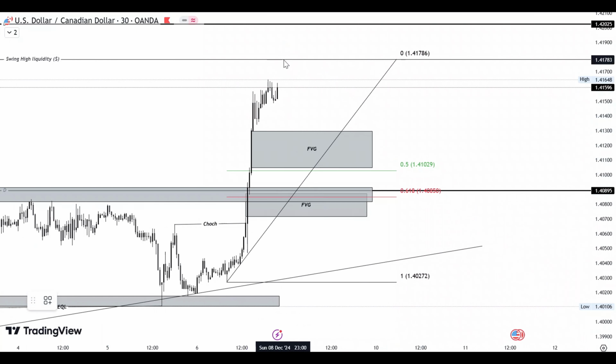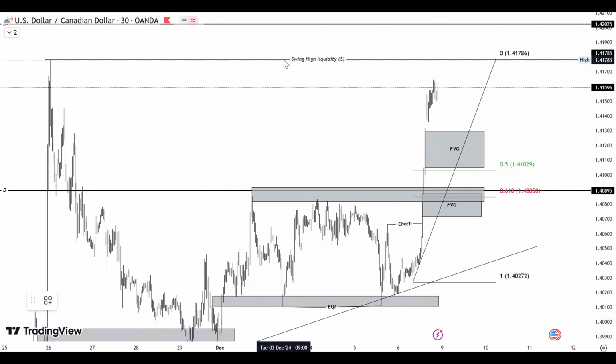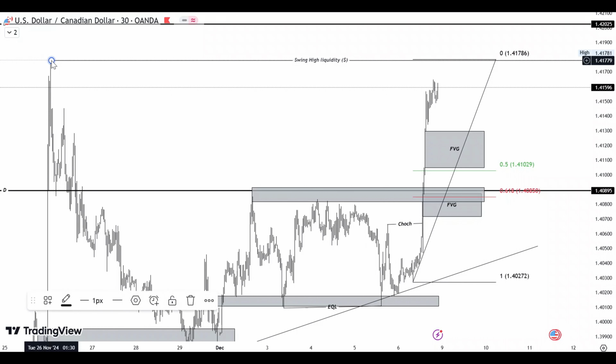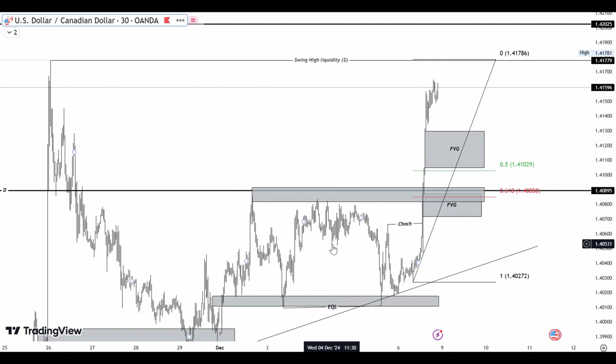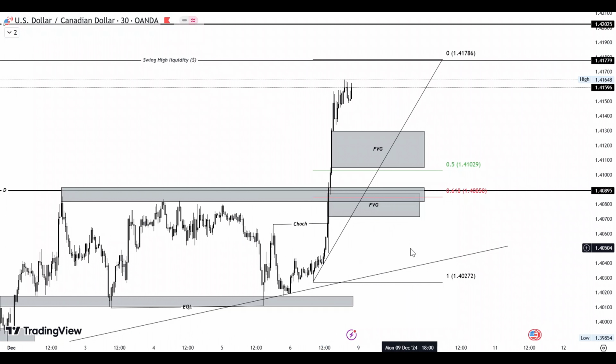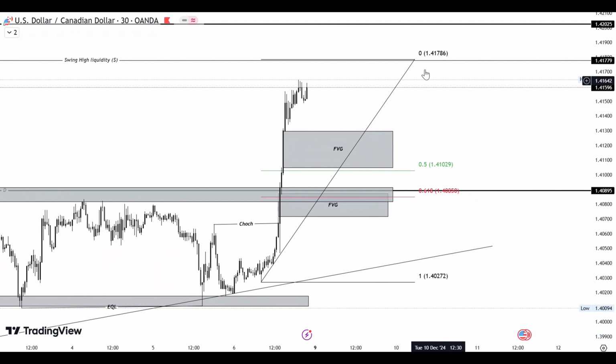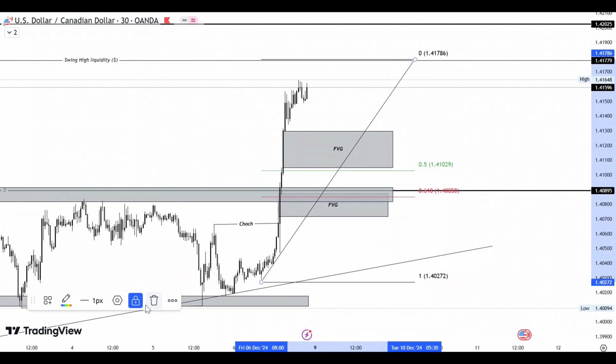The market gets here. I know that the market is currently in an uptrend, so it's better for you to be looking for a buy position rather than a sell position. But equal highs, which is double top, and equal lows, which is double bottom, are very vital candlestick patterns that set for a reversal, and a lot of the time they are more likely to work than they are not.